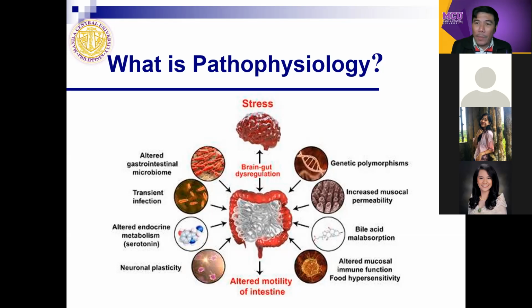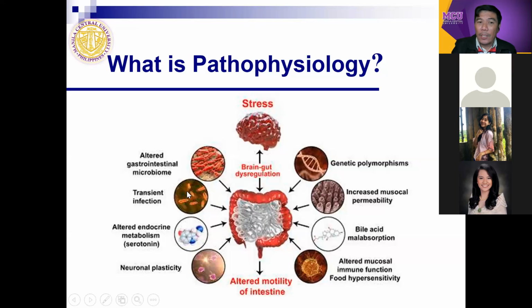This microbiome has a role when it comes to the immune system. Moreover, if there is an alteration in the gastrointestinal microbiome, or healthy microorganisms that are very important for the balance of our body functioning, there could be a possibility of transient infection. So that will proceed to that.